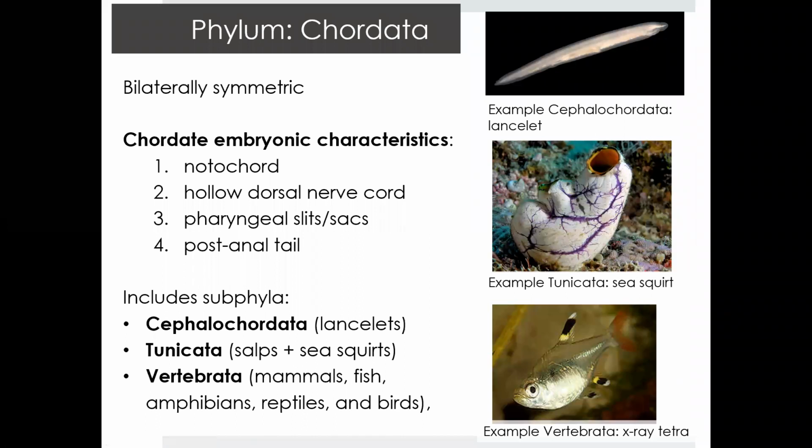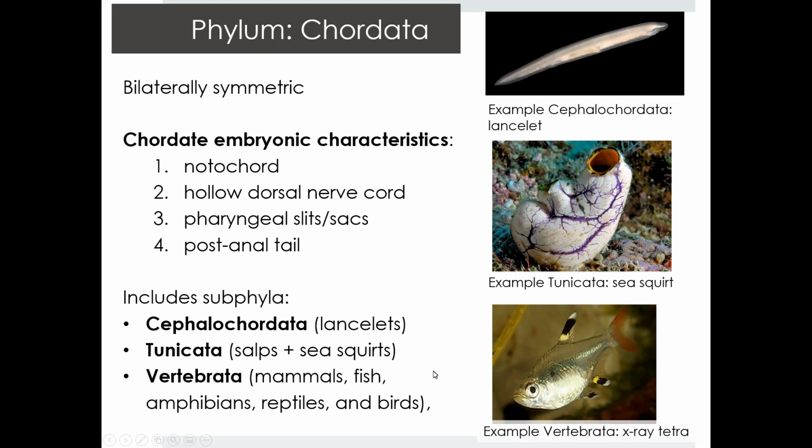So within the phylum Chordata, there are also 3 different subphyla. We have Cephalochordata, which are your lancelets, Tunicata, which are your salps and sea squirts, and then finally we have Vertebrata, which is our broadest subphylum, which includes mammals, fish, amphibians, reptiles, and birds.